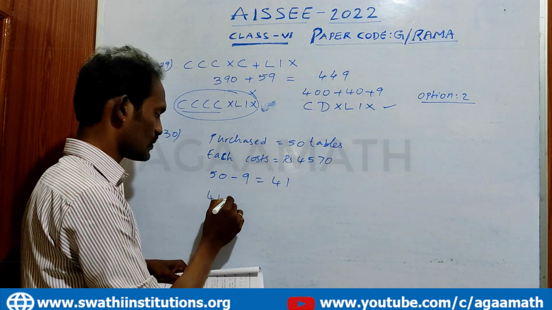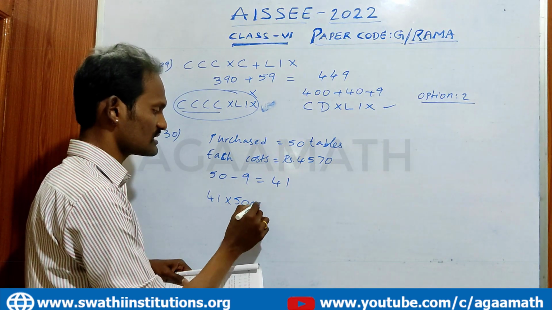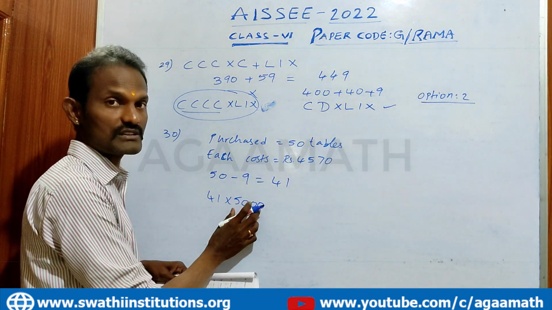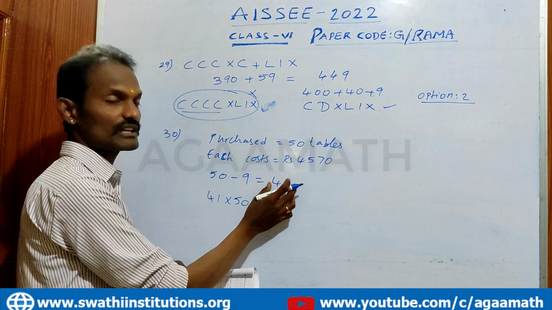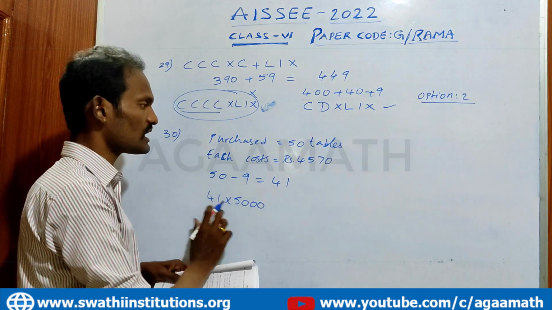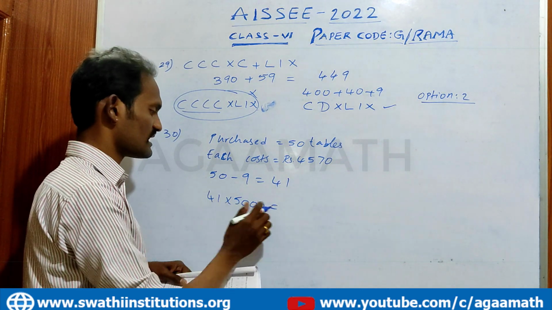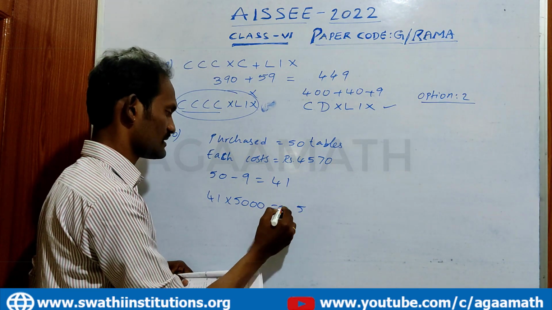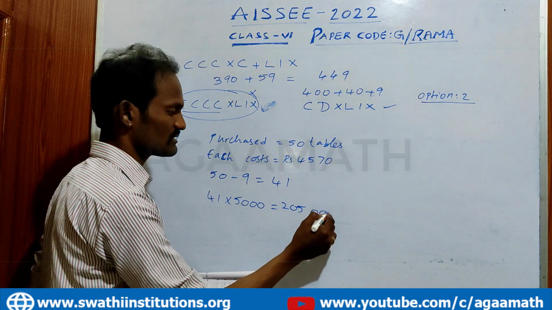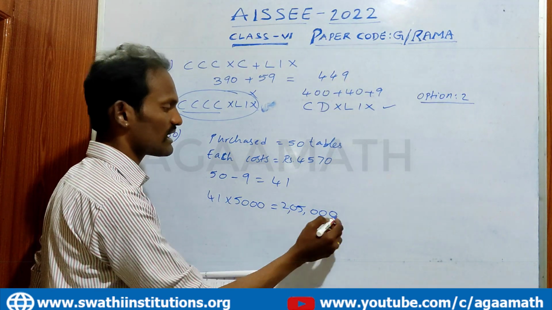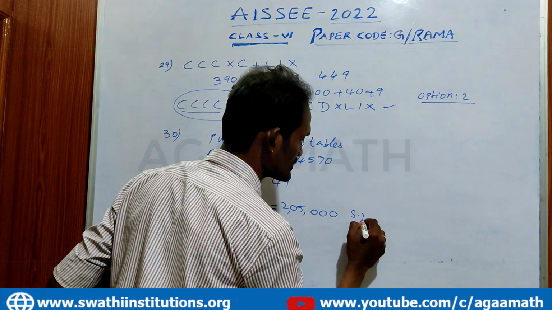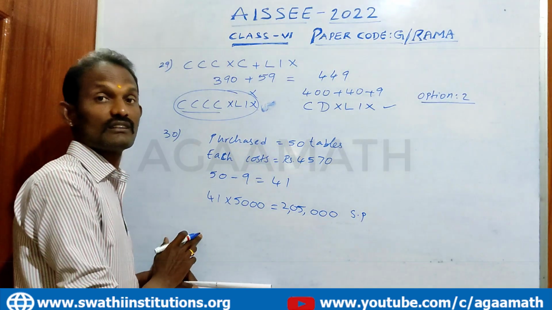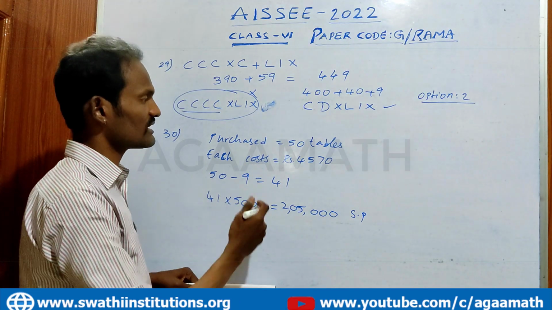So here 41 into 5,000, because each sold at 5,000. So to find the total at what price he sold, 5 4s 20, and here 3 zeros. So it is 2,05,000. This is the selling price at which he sold. Do you know at what price he bought? Let us check.